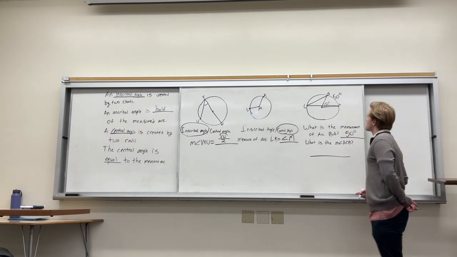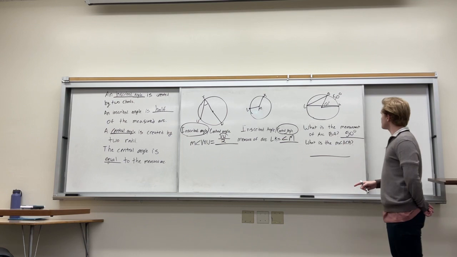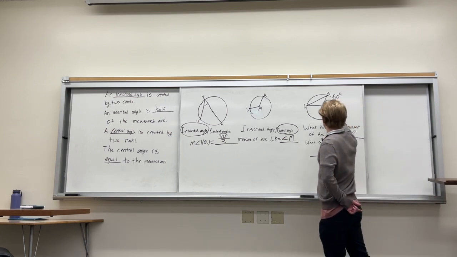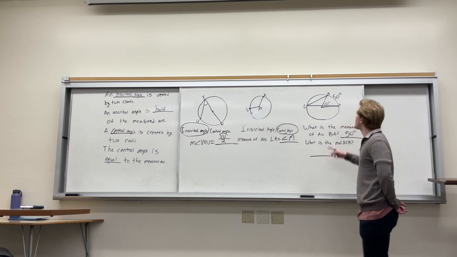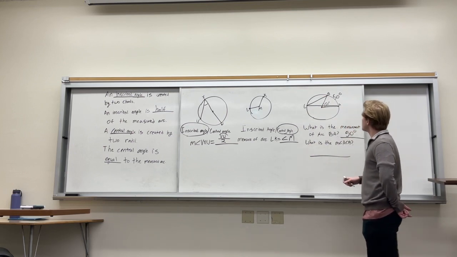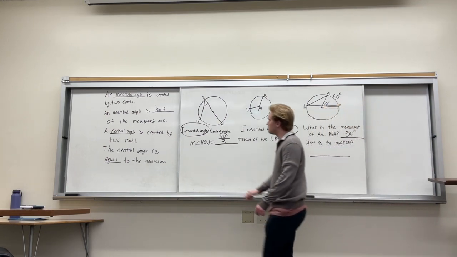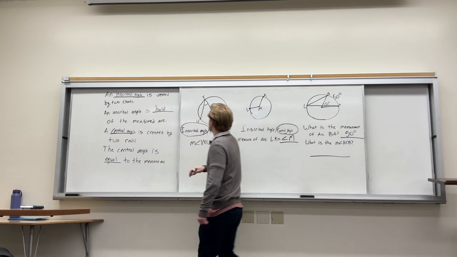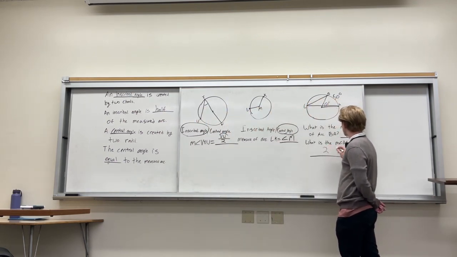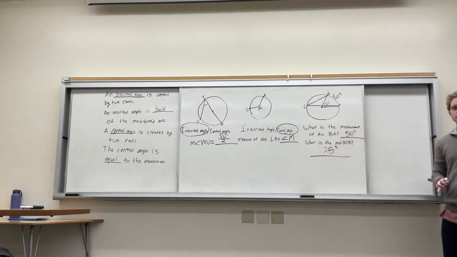Now we're looking for the measurement of the angle ACB. Well, we have an inscribed angle. From C to A is a chord, and from B to C is also a chord. So if we have an inscribed angle, that means that it has to be half of its measured arc. So half of 50 will mean that our measurement of our angle is going to be 25 degrees.